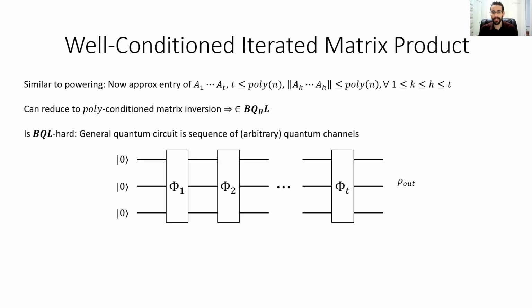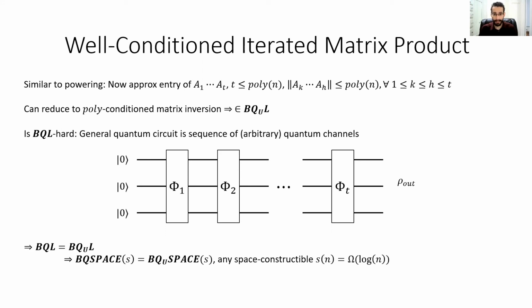Additionally, we can show this problem is BQL hard. To see this, simply note that a general quantum circuit is just a sequence of arbitrary quantum channels. Each one of those quantum channels corresponds to a single matrix, and applying the entire circuit corresponds to the product of those matrices. Moreover, it can be shown that this problem meets our criteria of being polyconditioned, and so BQL hardness follows.